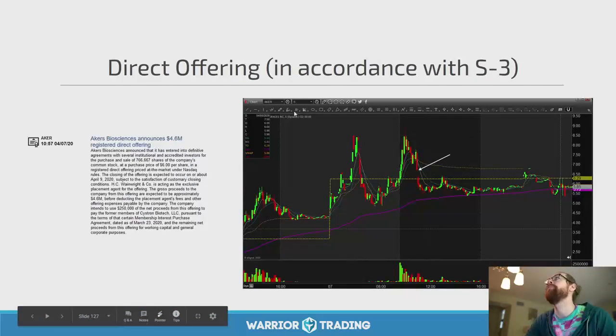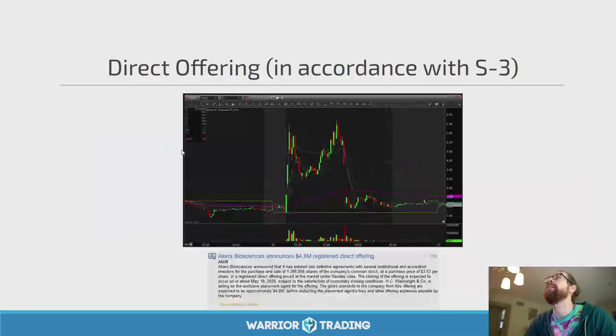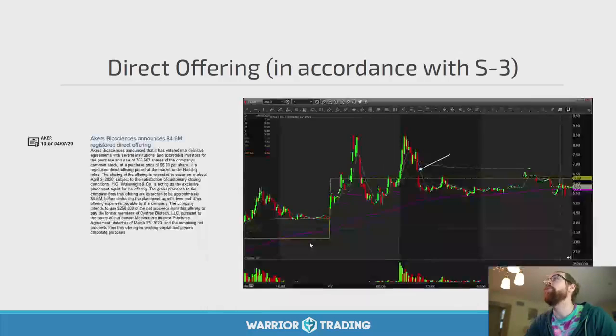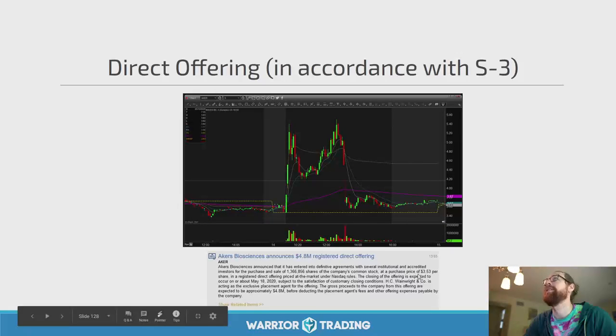So anyways, in accordance with the S3, there's AKER, and then here's another one. So that one was 4.6. This one's now 4.8. All right, now this one's a little bit nastier. Announces entered into definitive agreement with several institutional and accredited investors for the purchase and sale of approximately 1.3 million shares at a purchase price of $3.53.